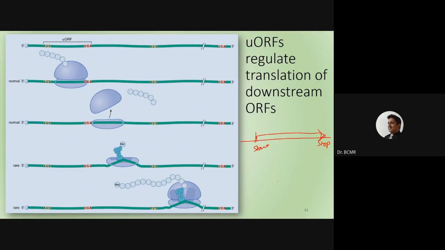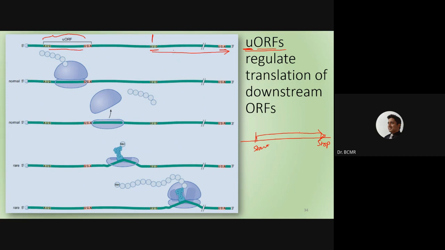So we are talking about something called UORFs, upstream open reading frames. You see this mRNA, you have a start codon here and the stop codon. So this is one continuous open reading frame. But there is also another small open reading frame here.